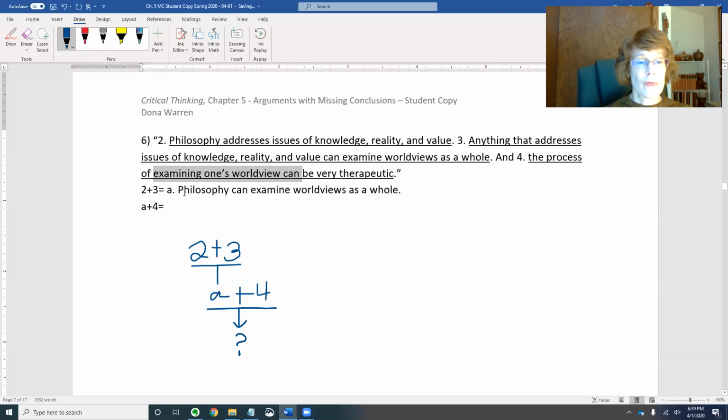So what's left over from A, philosophy? What's left over from 4, being very therapeutic? What do you get when you put them together? Philosophy can be very therapeutic. Now, is that stated? No. So that is going to be another missing conclusion, and I'll put it there. And that actually is the ultimate conclusion, because that's where the reasoning stops.